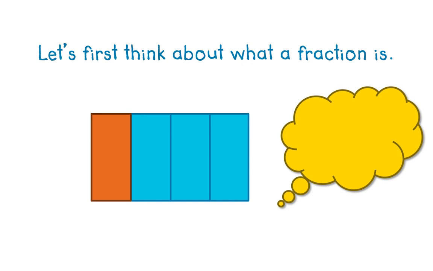This rectangle is cut into 4 equal parts, and I shade one part in orange color. Okay, can you see this orange color? Now, if I want to know what this fraction is, the whole rectangle is cut into 4 equal parts.